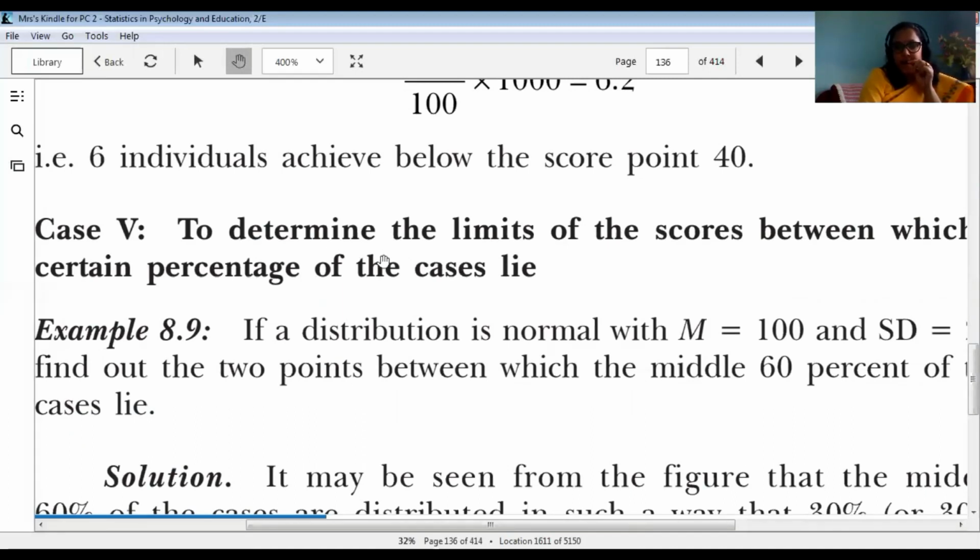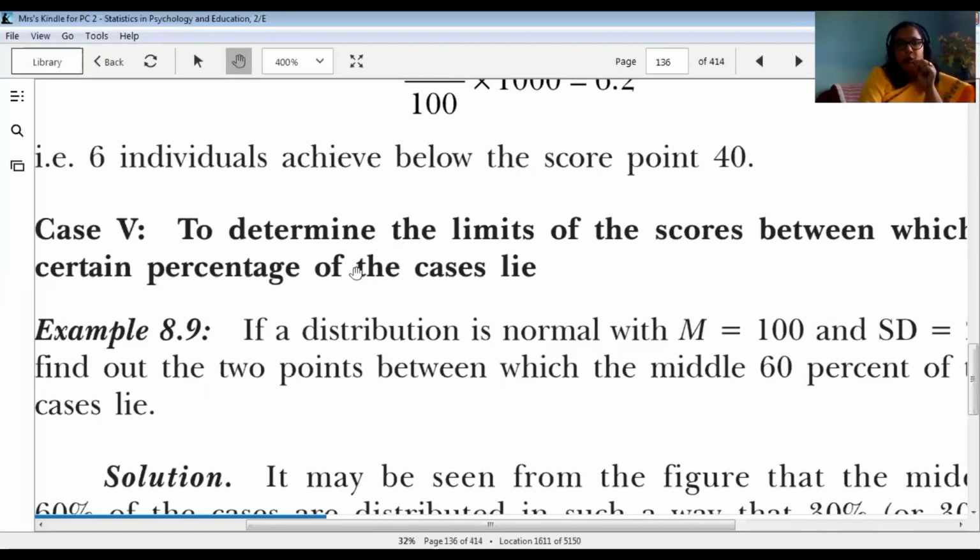Say for example, from the perspective of this application, we can find out two scores, both at upper limit and lower limit, between which 40% individuals lie. I am just giving one example here.